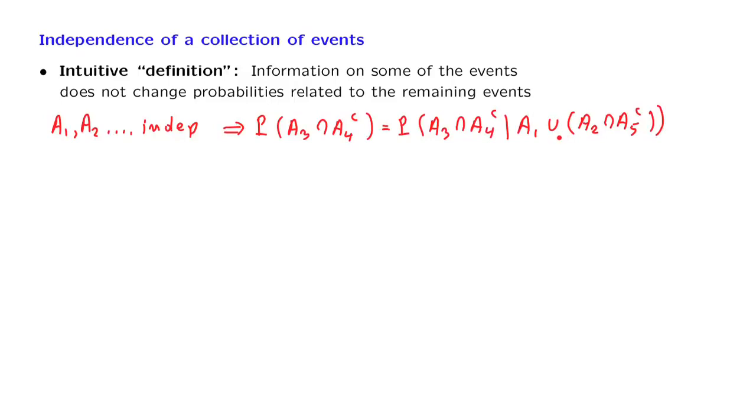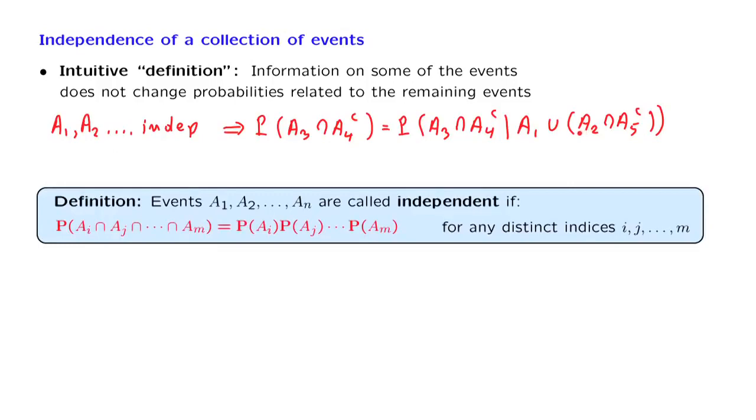This could be one possible definition, just saying that a family of events are independent if and only if any relation of this type is true. But such a definition would not be aesthetically pleasing. Instead, we introduce the following definition, which mimics or parallels our earlier definition of independence of two events.